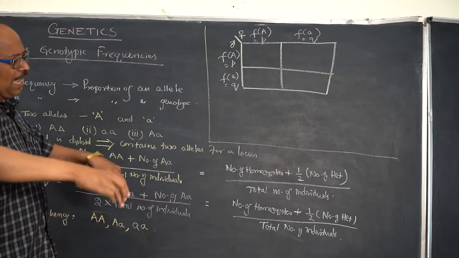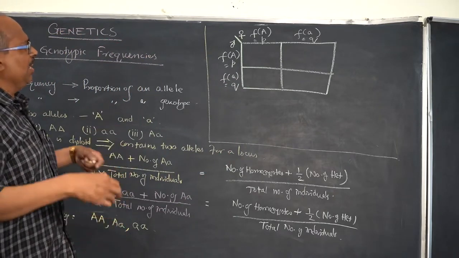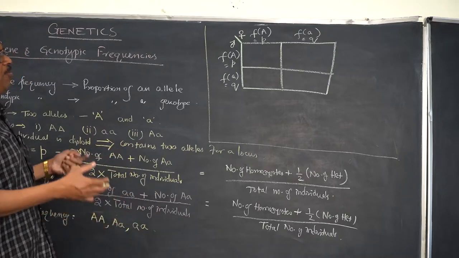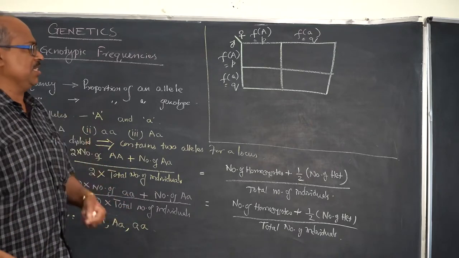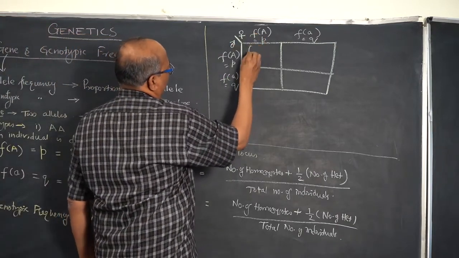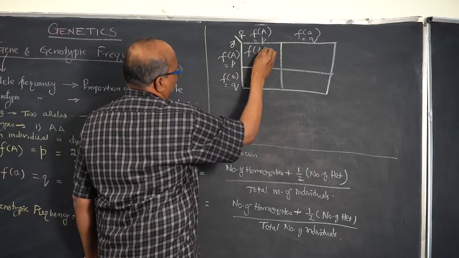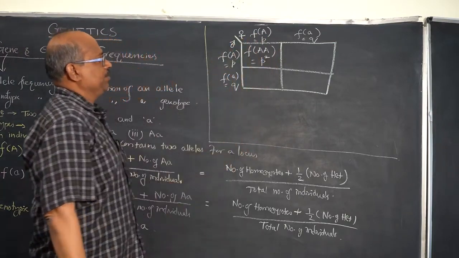So for the gamete combination, we consider this a random combination. Any gamete has equal opportunity to combine with the gamete of the other sex. So one combination is these two: P times P is P square.